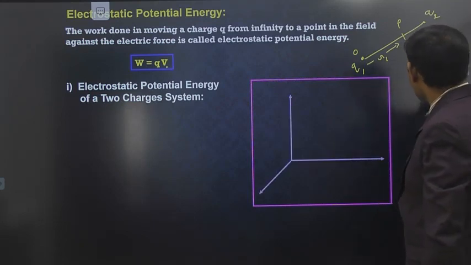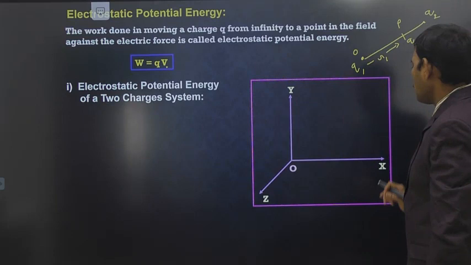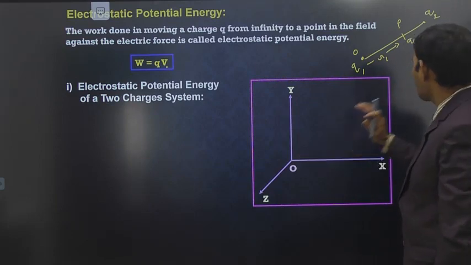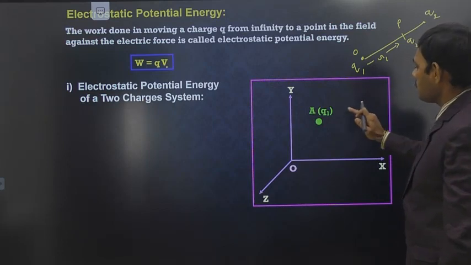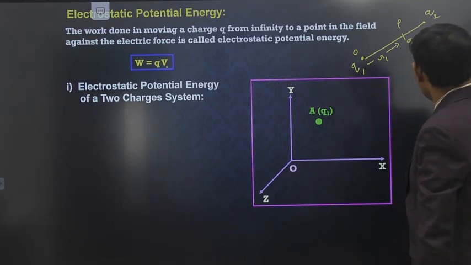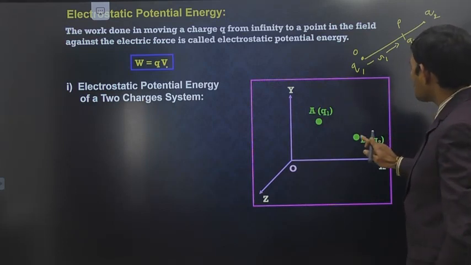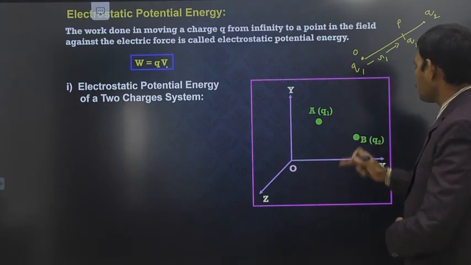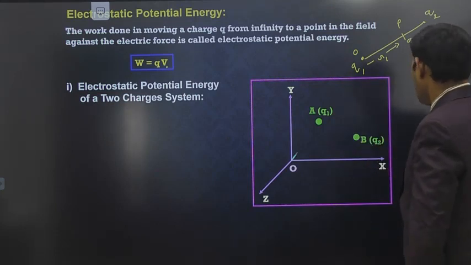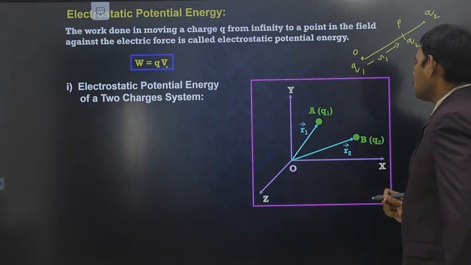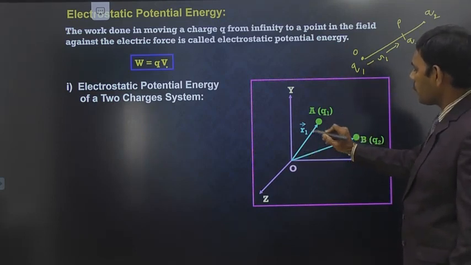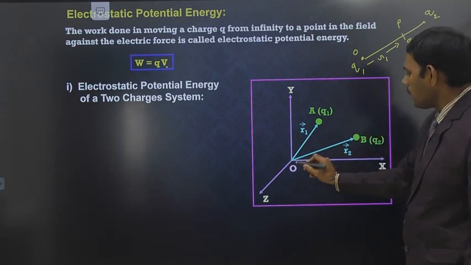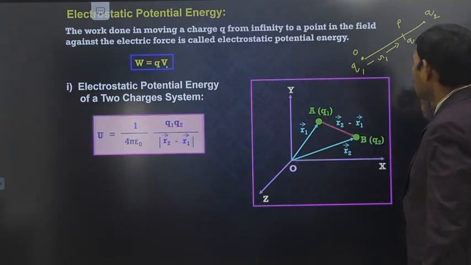Here in this XYZ coordinate system as shown in the diagram, let Q1 be a point positive charge kept at A, and B is another point positive charge kept at B. Then the position vector of Q1 from O is R1 bar and the position vector of B from O is R2 bar.